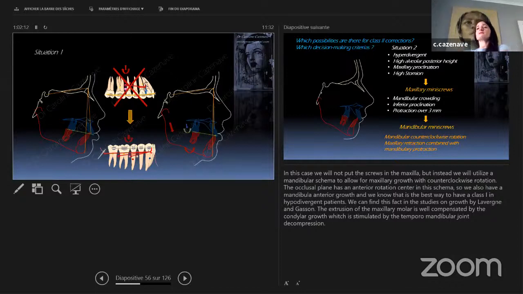So we also have a mandible anterior growth, and we know that is the best way to have a class 1 in hypodivergent patients. We can find this fact in the study of growth by Laverne and Gasson. The extrusion of the maxillary molar is well compensated by the condylar growth, which is stimulated by the temporomandibular joint decompression.